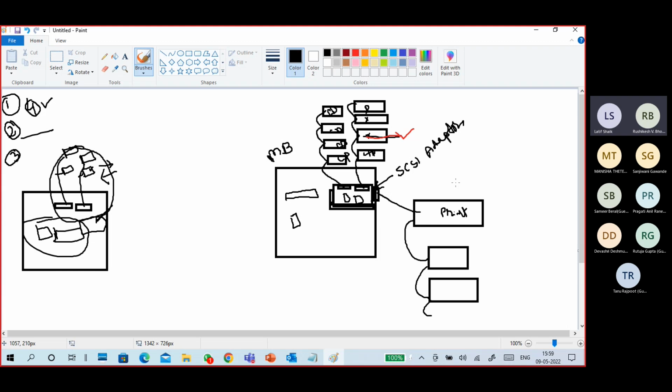Think like this: your operating system is corrupted, server OS is corrupted, or the server motherboard is corrupted. What will happen? Anyone? We are accessing disk storage through the network, but it is not completely isolated.